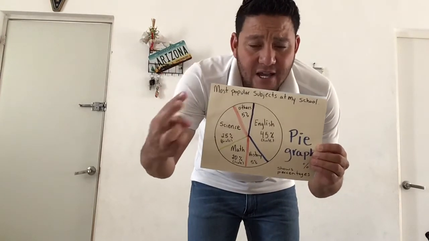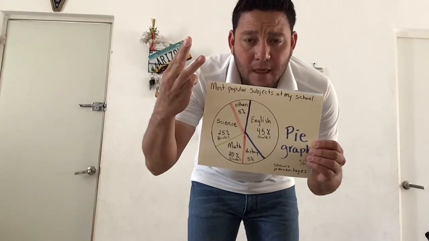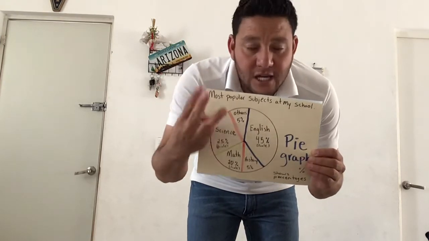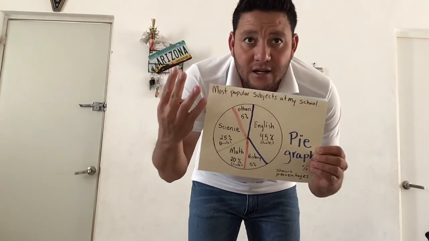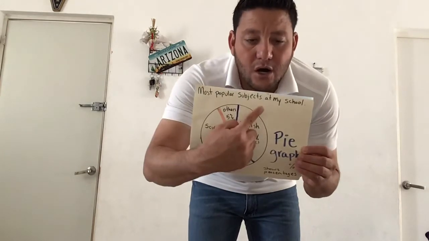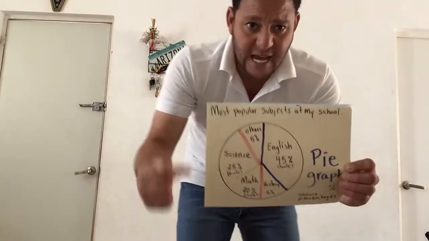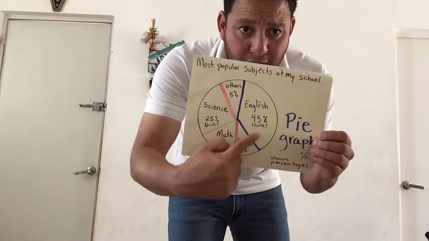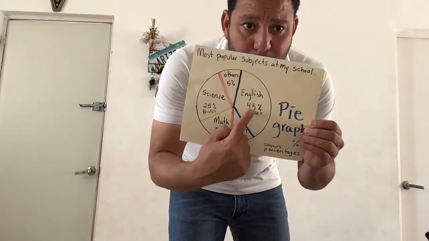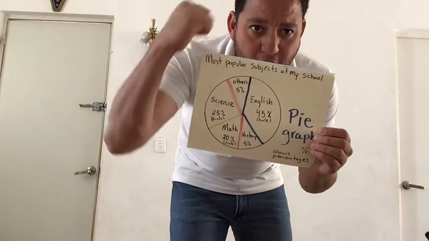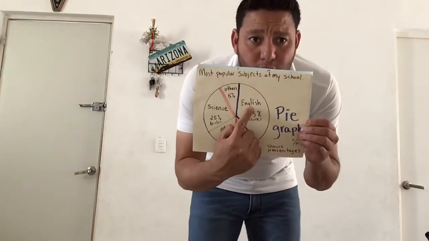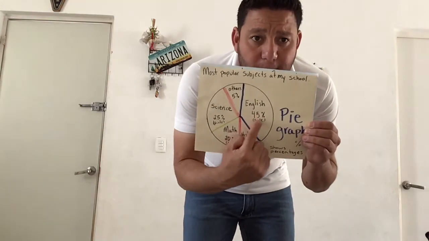Subjects are, for example, math, science, English, history, etc. Those are subjects, okay? Most popular subjects at my school. As you see, in the pie graph, the most popular was English, with 45%.